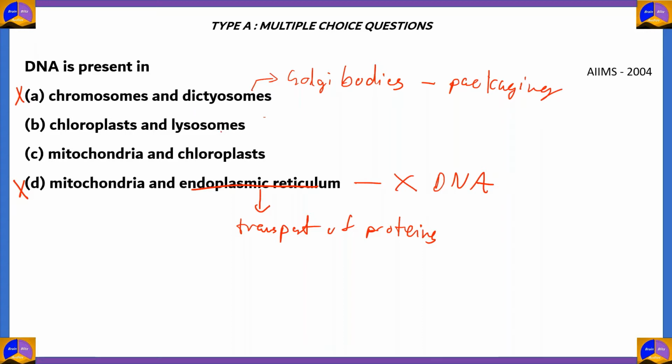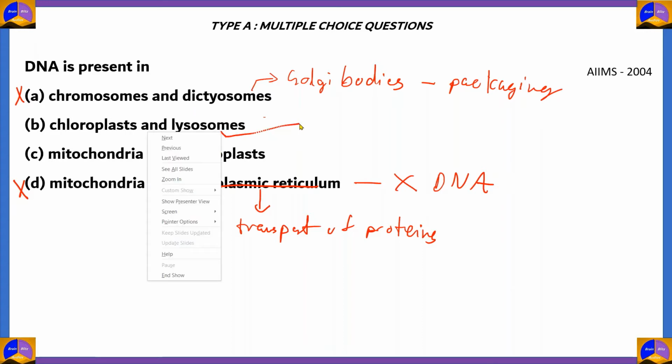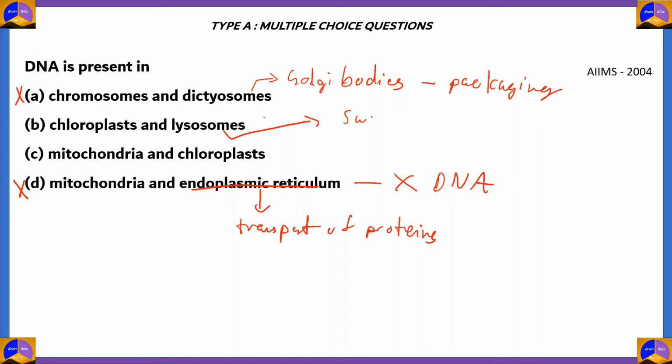Lysosomes, the suicidal bags of the cell, contain hydrolytic enzymes, and these hydrolytic enzymes are used for eating foreign bodies, or in some cases, destruction of the cell itself. But there is no DNA present in lysosomes. So option B is also incorrect.